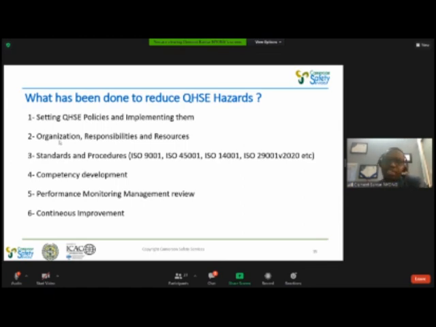The companies are also putting in place resources, purchasing adequate PPE of standard, training personnel, and making sure that tools are available so that employees can use the right tool for the right job.